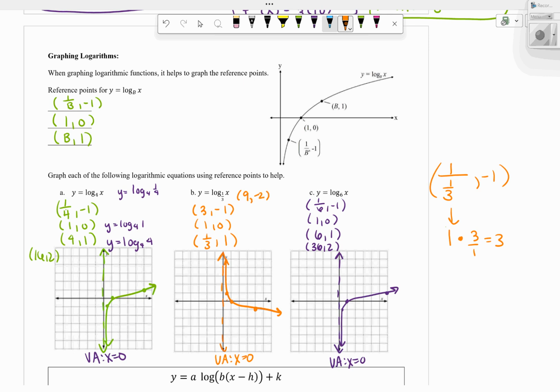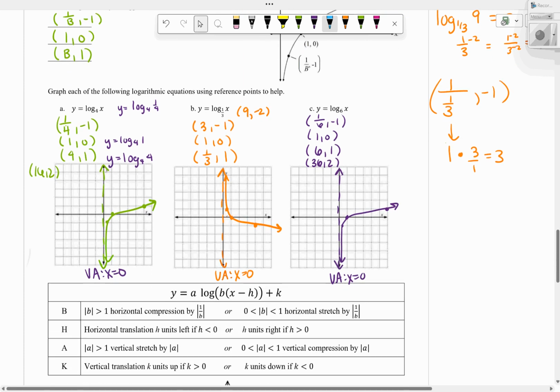And you can check that. If I do the work over here, log base 1/3 of 9 would be equal to -2 because 1/3 to the -2 is equal to 1 to the -2 over 3 to the -2. So 1 to the -2 is just 1 in the numerator, and 3 to the negative 2 gives us 9 in the denominator. So you can see that works out.